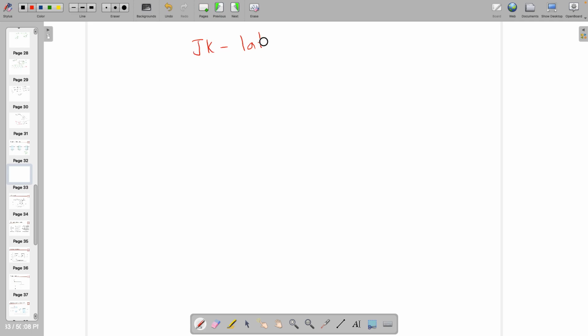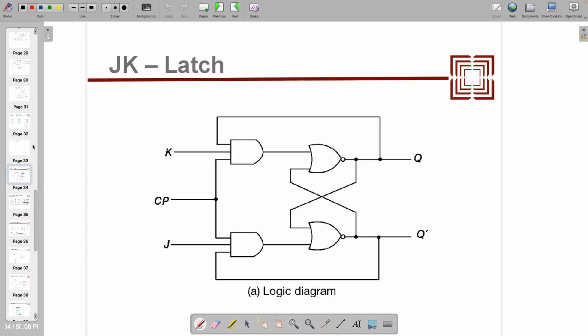It's very popular. This was invented with the same fact that they don't want an invalid output. So to get rid of the invalid output, JK was invented along with the D latch. D is very simple, but JK is, I wouldn't say very complicated, but a little bit tricky to understand.